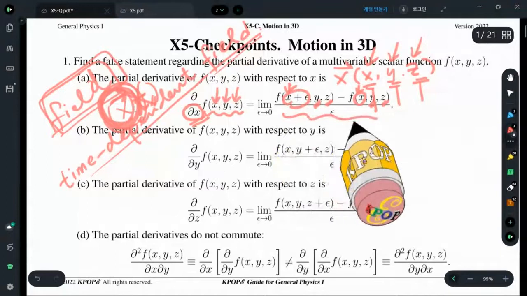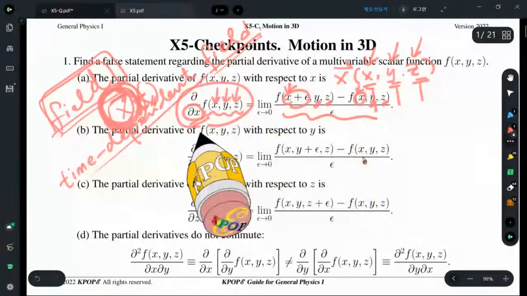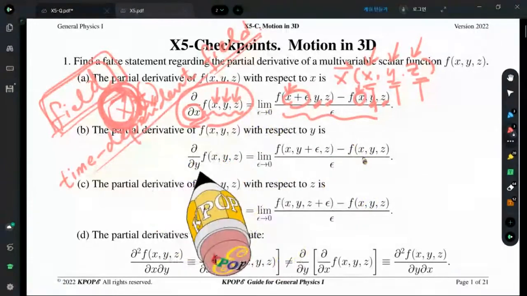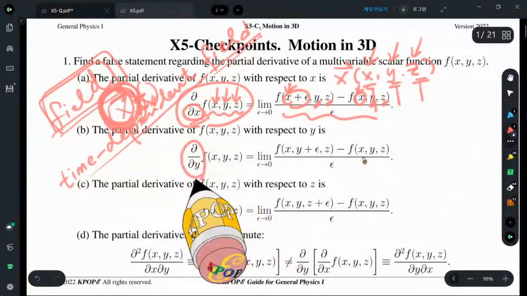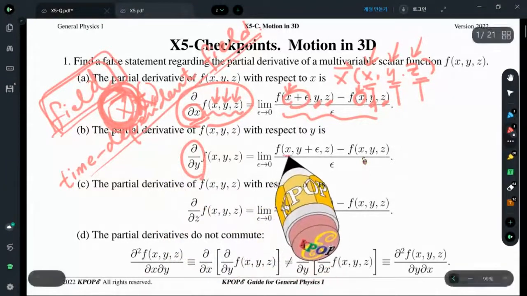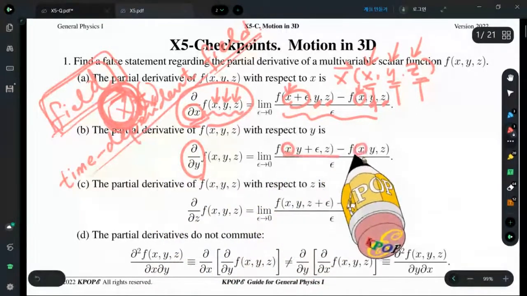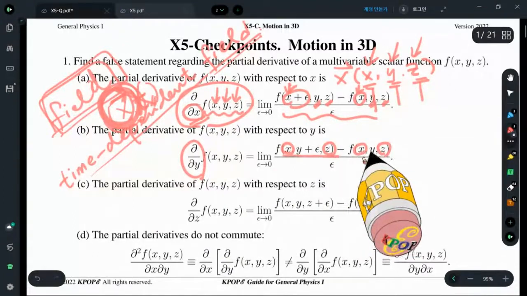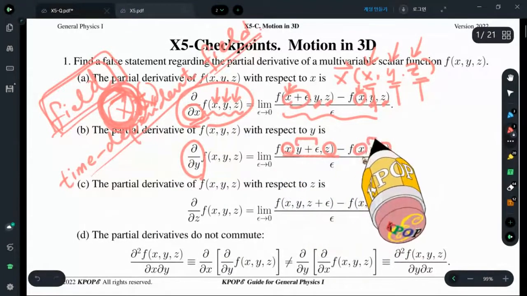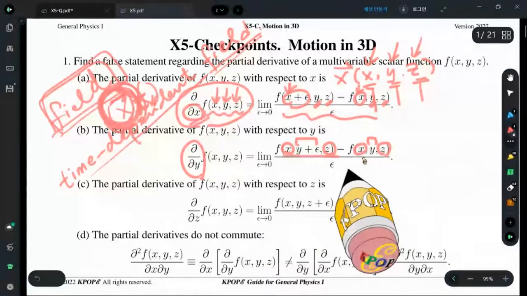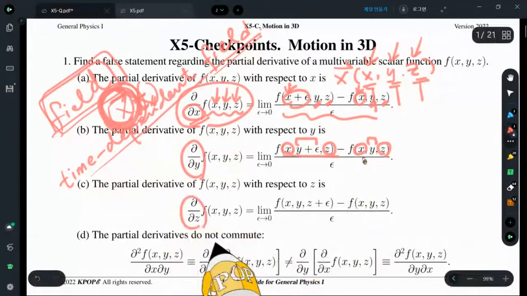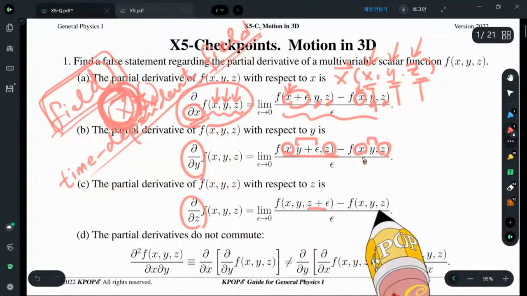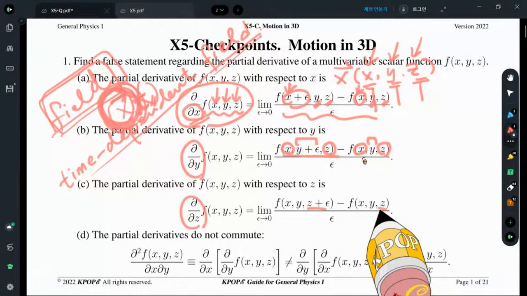So this is an x partial derivative. What about the y partial derivative? Keep x and z the same, but I vary y only. The z derivative, vary z only. Understood? There is no difference.